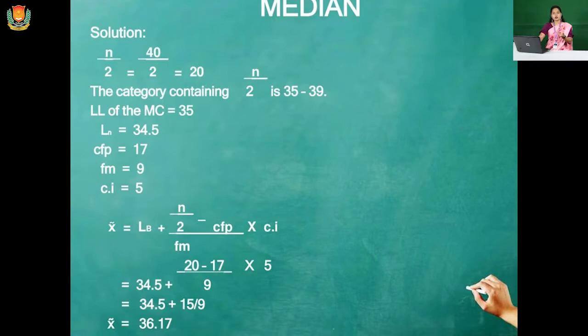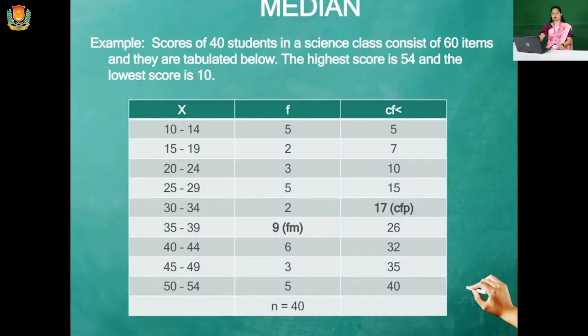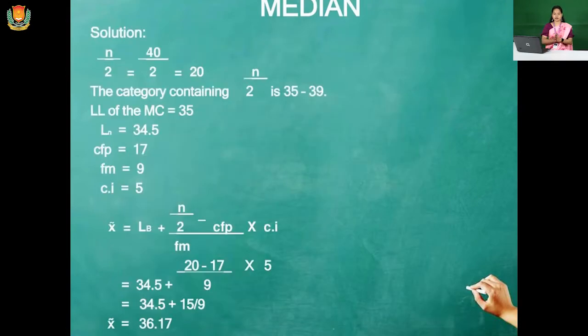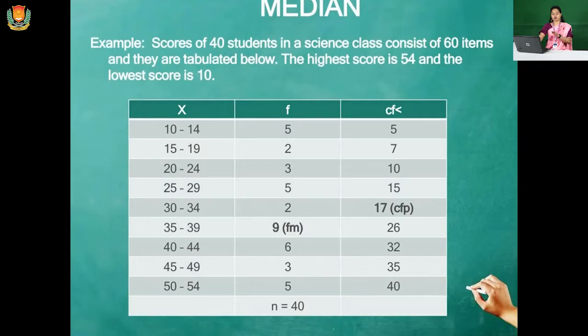Now the lower limit over here will be 35. Then you need to get the lower limit, which for 35 to 39 will be 34.5. Then the frequency of that median class will be 9, which we have got already, and the cumulative frequency will be of the preceding class.